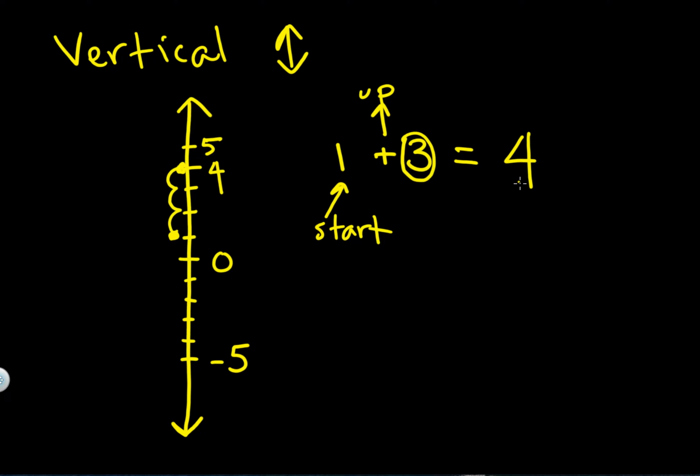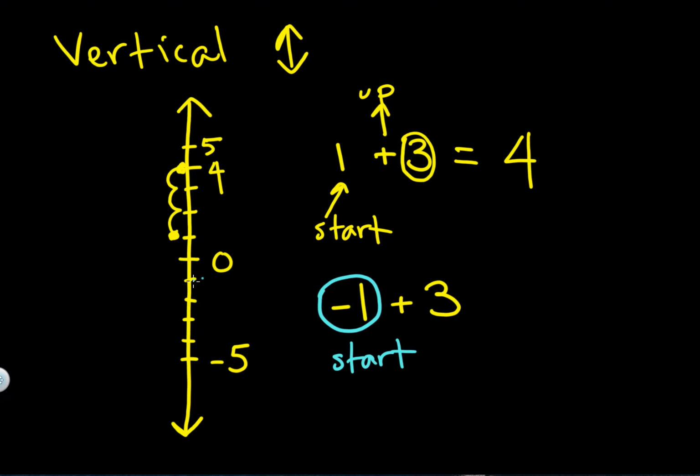So now what happens when we bring negatives into it? Let's say -1 plus 3. Let's make this one a different color. So again, this one is our starting point. So we start at the -1.